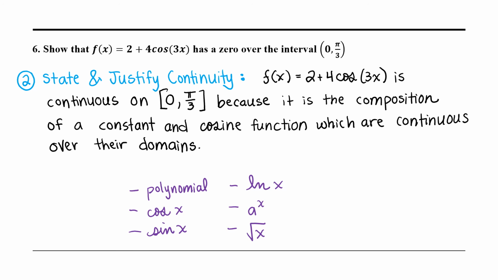So you probably wouldn't have to look at a rational function for intermediate value theorem. And if you did, you just have to make sure that whatever interval you had didn't include its discontinuity.